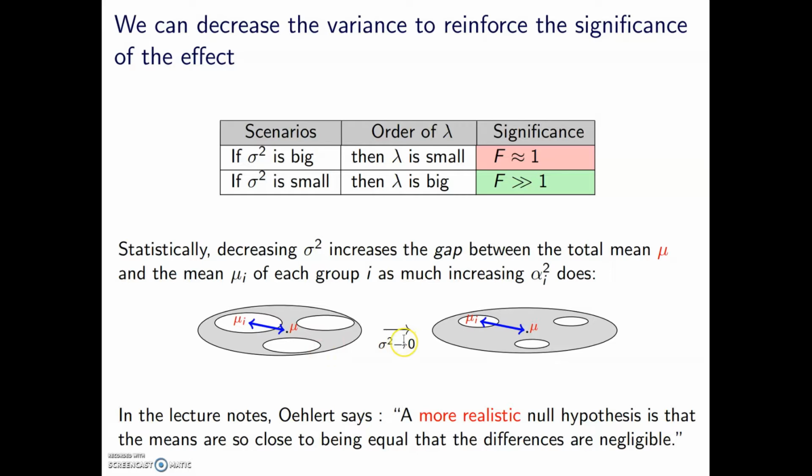As illustrated here, decreasing sigma squared can be seen as increasing the gap between the total mean mu and the means mu sub i of the groups.